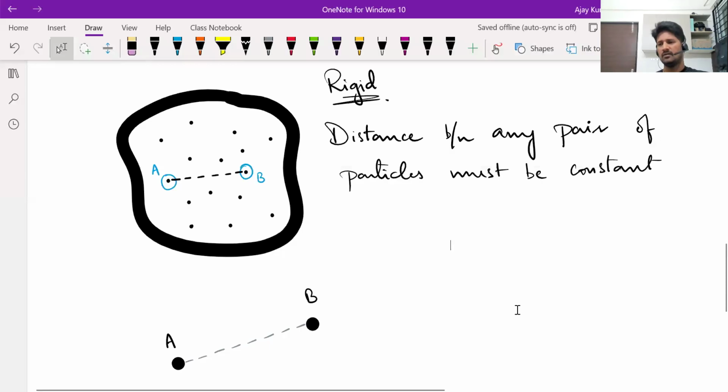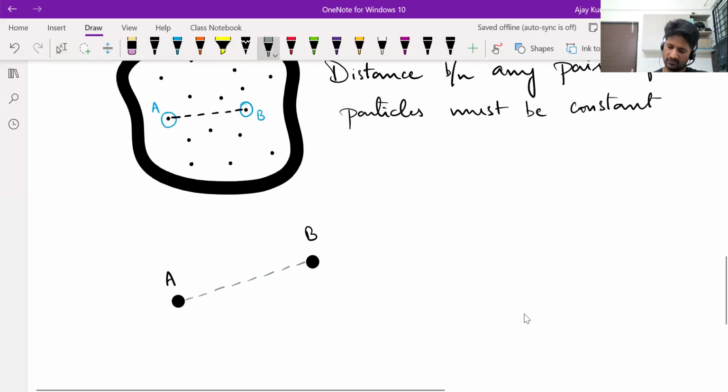Can any of you tell me a relation between their velocities? See, we know that A can move, B can move. Any particle of the rigid body can move, if it is free. But even when they move, the distance between them should not change. So let's say A has a velocity VA.